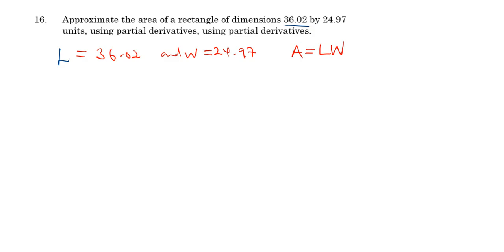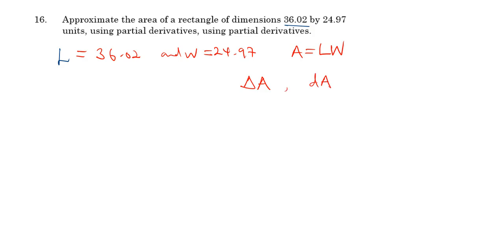So they're telling me to approximate the area of this rectangle. What can I do? From this, area is equal to L times W. This means I can express the change in area, change in A, as a total differential, dA.